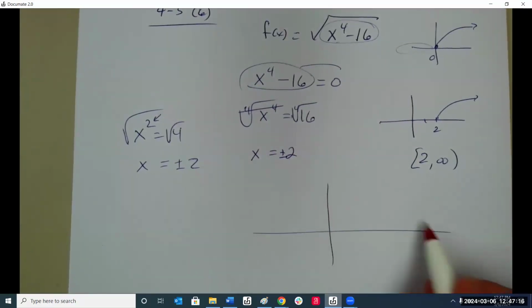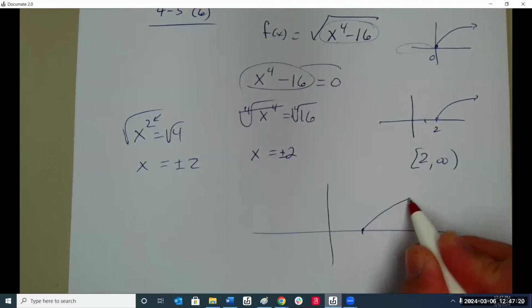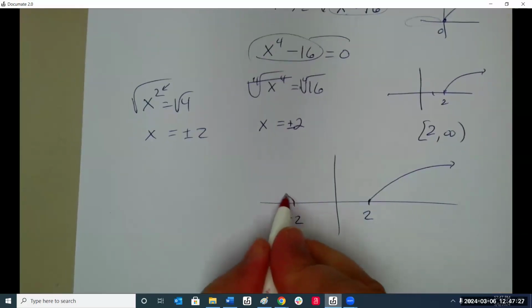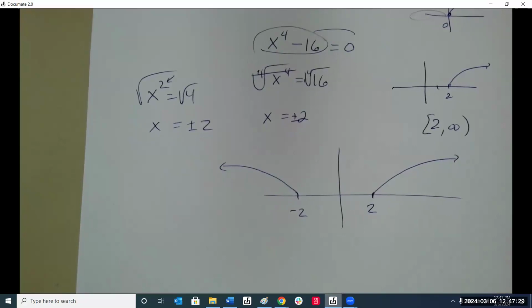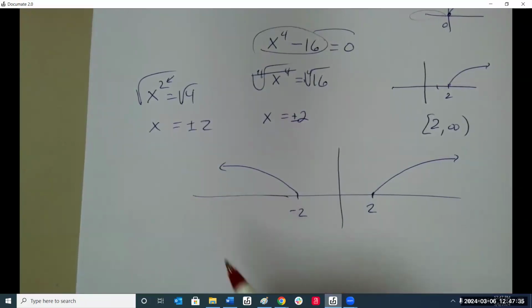So with that, we can go that way, or we can go this way. Because if I take these numbers and I raise it to an even power, it becomes positive. So it's negative infinity to -2, union 2 to infinity.